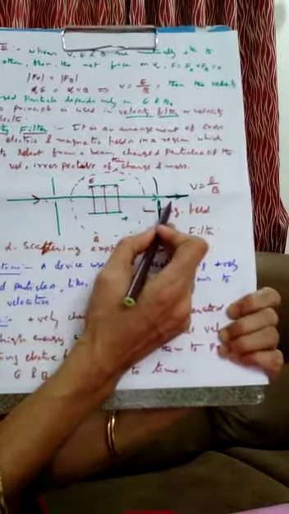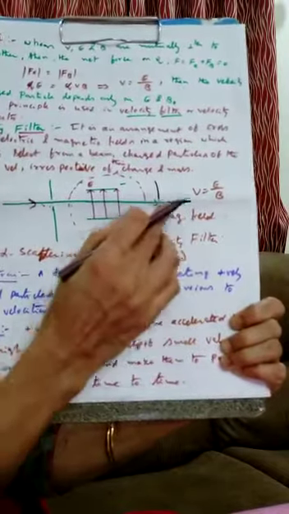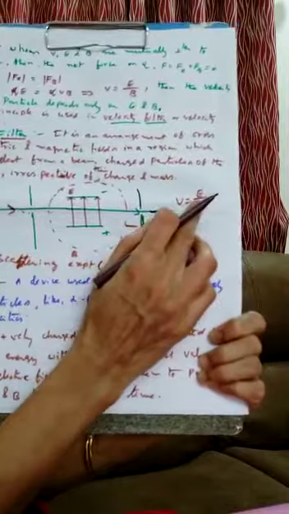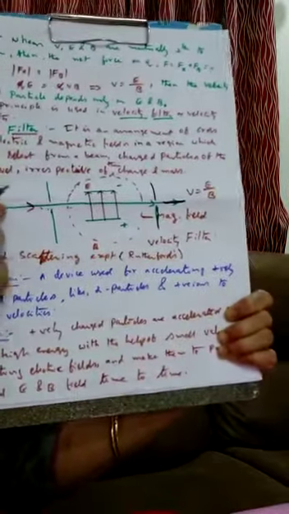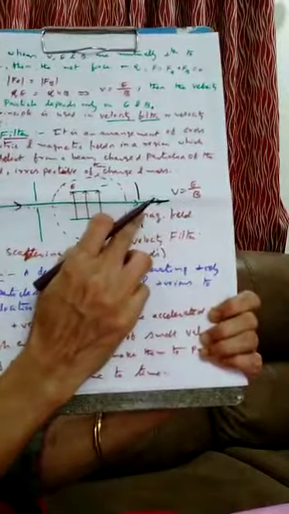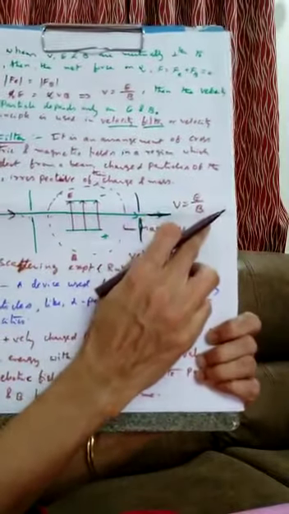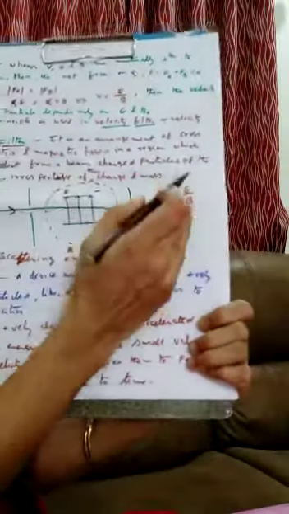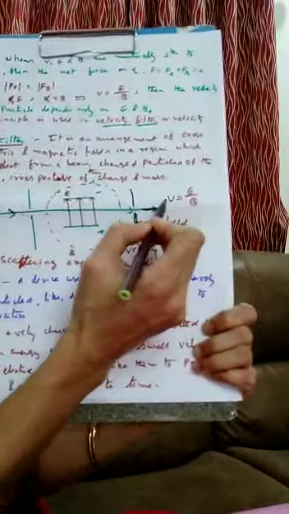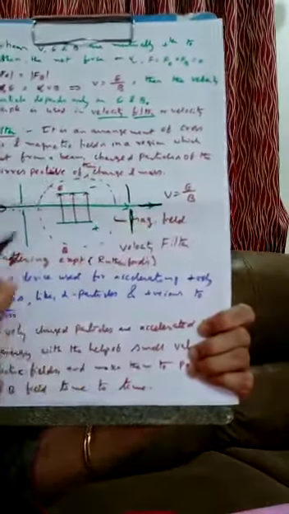When it comes out, its velocity is v is equal to E by B. Even if the incoming velocity is different, v dash, when it comes out of this collimator the velocity is E by B. All the other velocities are filtered. The velocity depends only on the ratio of E and B.